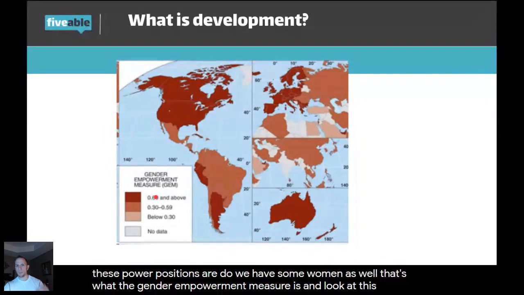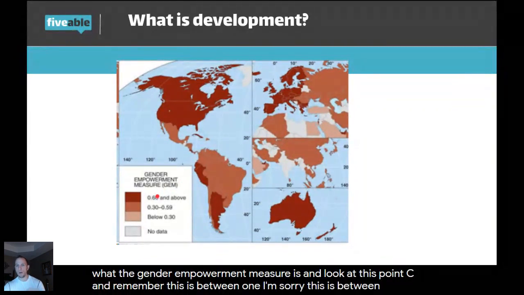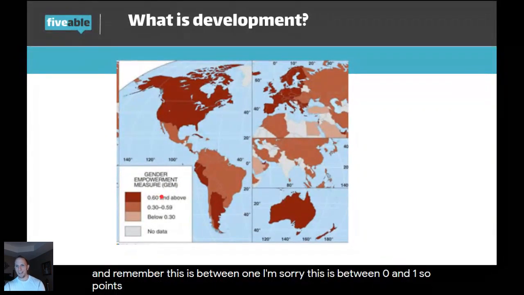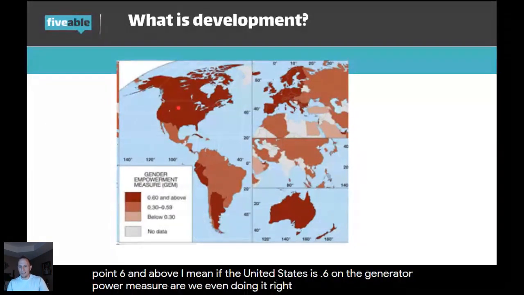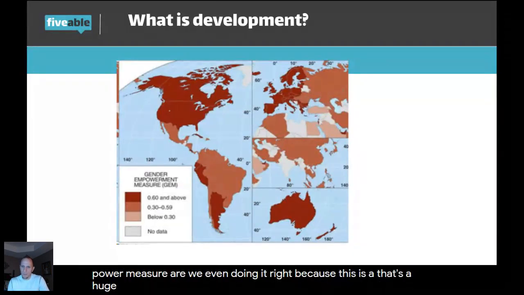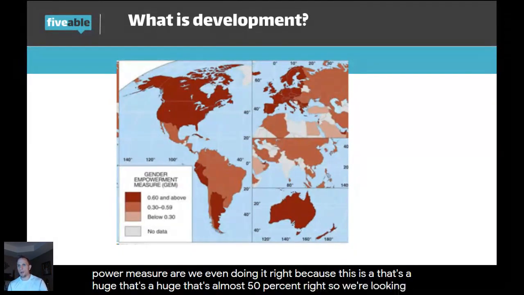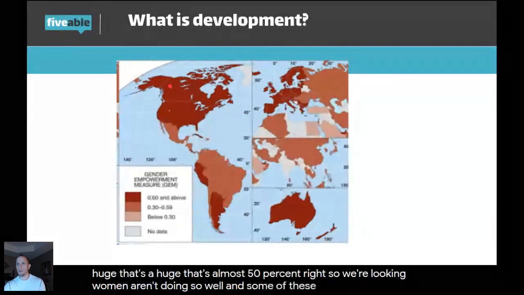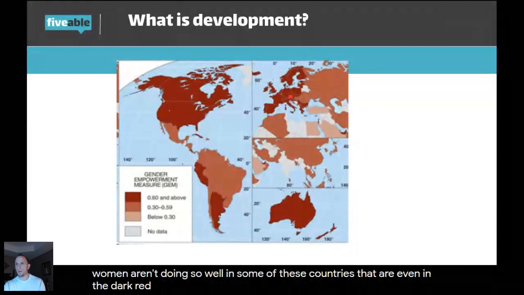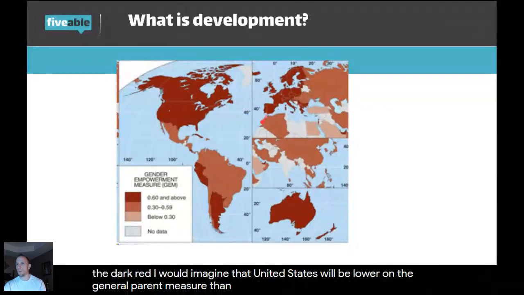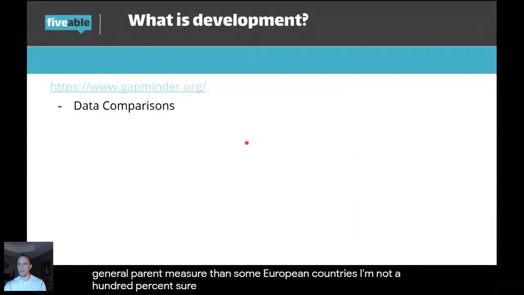And remember, this is between 0 and 1. So 0.6 and above, I mean, if the United States is 0.6 on the gender empowerment measure, are we even doing it right? Because that's huge, that's almost 50%, right? So we're looking, women aren't doing so well in some of these countries that are even in the dark red. I would imagine that the United States would be lower on the gender empowerment measure than some European countries. I'm not 100% sure, so I'm not going to go with that.